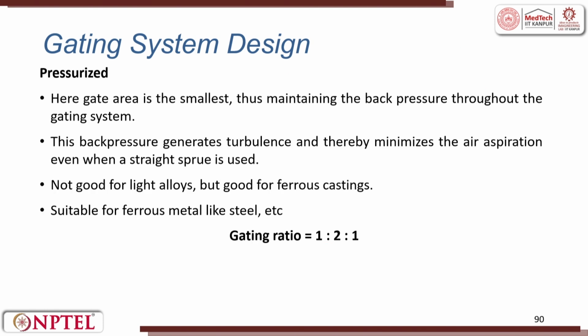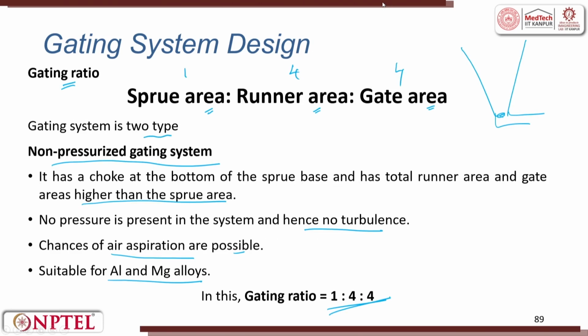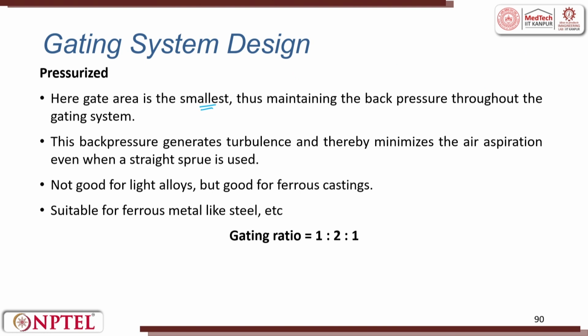Pressurized system. Here the gate area is smallest and the sprue area is largest, thus maintaining back pressure throughout the gating system. This back pressure generates turbulence and thereby minimizes the air aspiration even when a straight sprue is used. Very important point: the back pressure is generated, thereby minimizing the air aspiration.